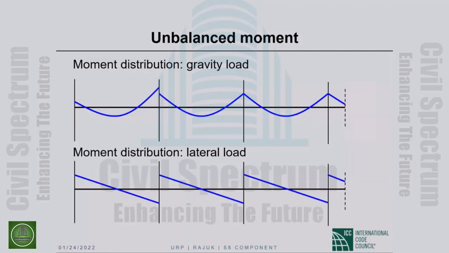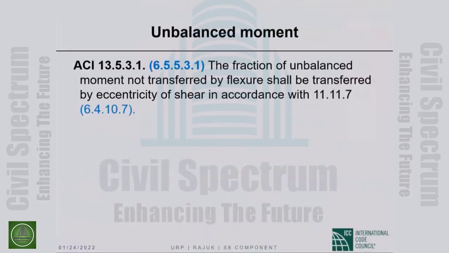So unlike in the case of gravity, we now have significant transfer moment at every support, including every interior support. This is a huge difference between a flat plate column frame that carries gravity only, and a flat plate column frame that also resists wind and earthquakes, when it comes to this unbalanced moment transfer.